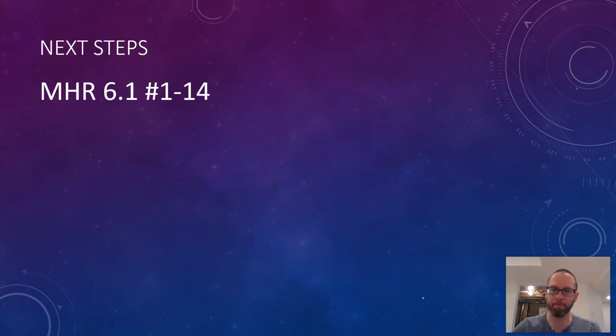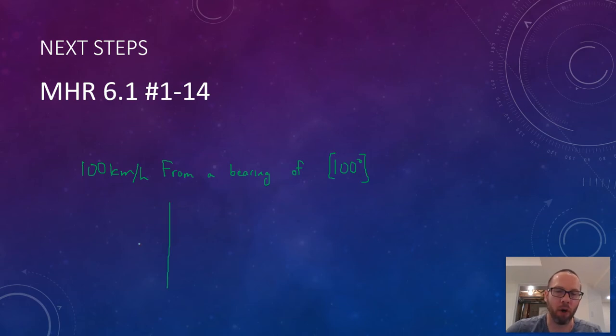Now, one thing, I'm not a fan of texts that do this, but you might come across this kind of language, maybe describing the direction of the wind. You might see 100 kilometers per hour from a bearing of, let's just say, 100 degrees.